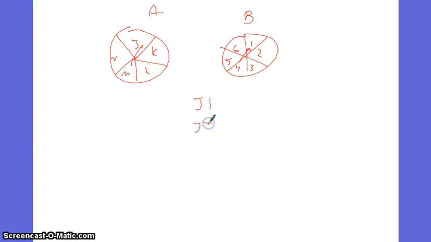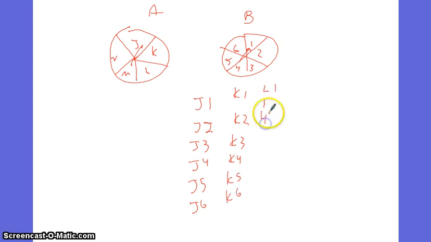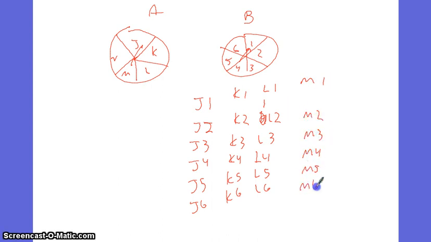J1, J2, J3, J4, J5, J6, K1, K2, K3, K4, K5, K6, L1, L2, L3, L4, L5, L6, M1, M2, M3, M4, M5, M6, and then N1, N2, N3, N4, N5, N6. Those are all my possibilities.